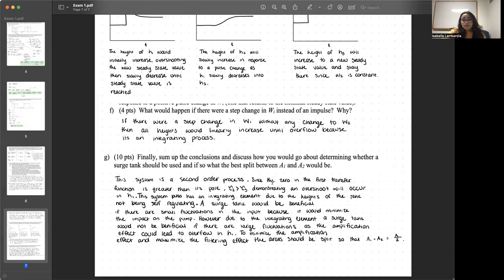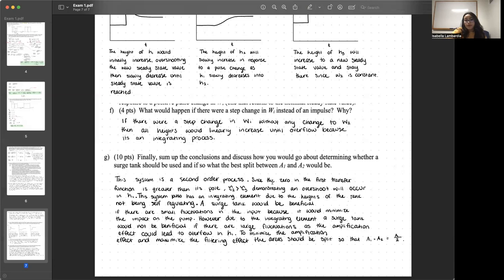So as the input changes, it's going to have an amplified effect on the output, or H1. And if our area isn't big enough, then we could see an overflow easier. So we would want to minimize the amplification effect and maximize the filtering effect.